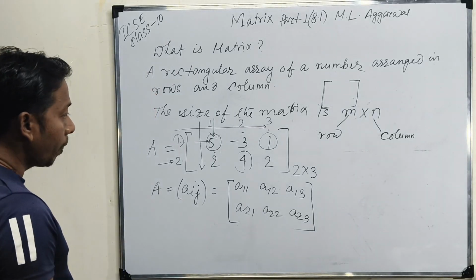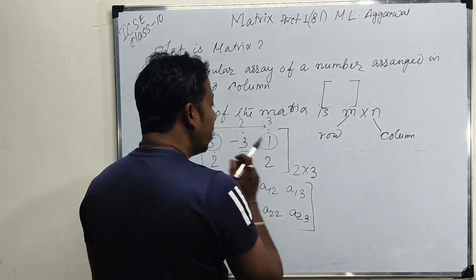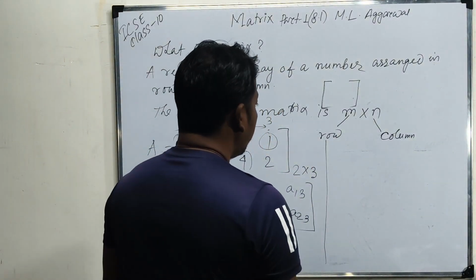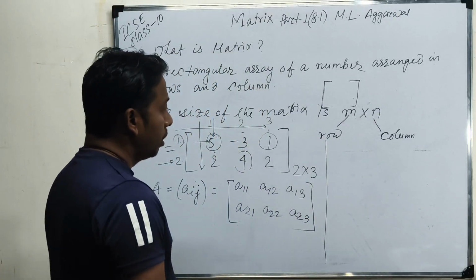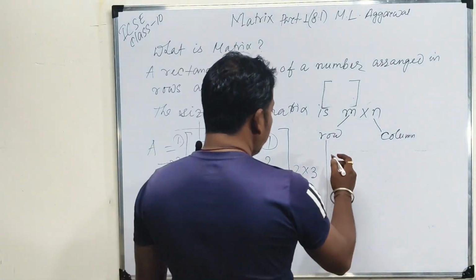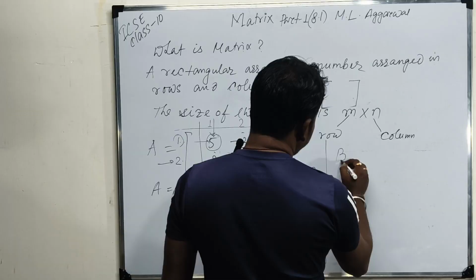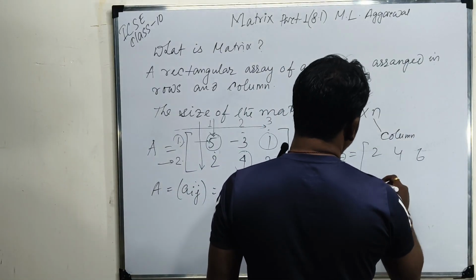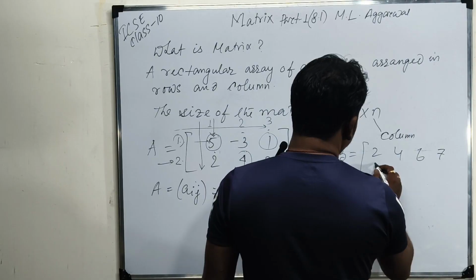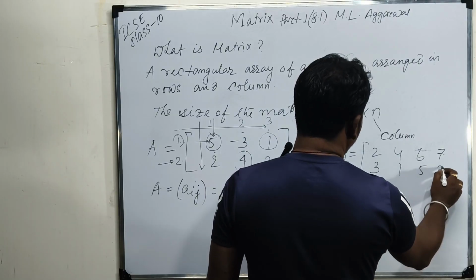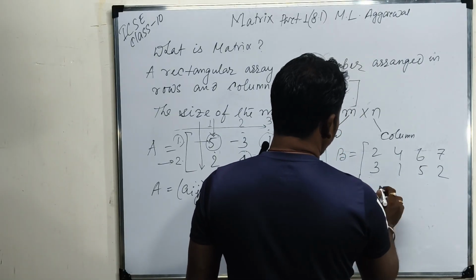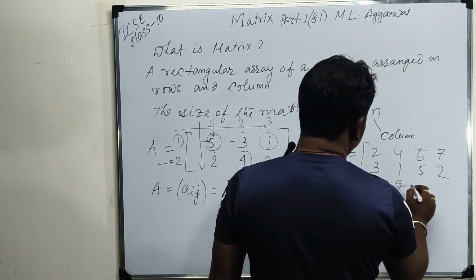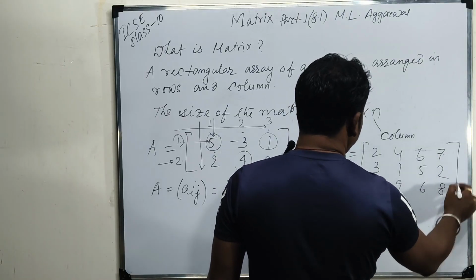Before we start the exercise, let us take an example. Think about a matrix B. The elements are 2, 4, 6, 7, 3, 1, 5, 2, 5, 9, 6, 8.